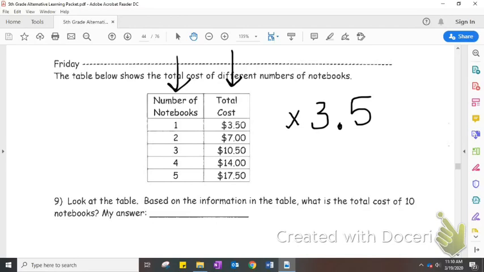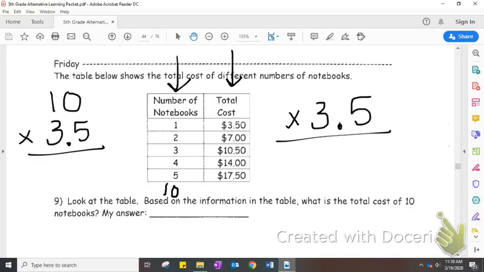Okay? So we can skip ahead to 10 now because we figured out the pattern. All I have to do is do 10 times 3 5/10. Which, by the way, some of you can hopefully do in your head. You're going to get 35, right? You're just moving the decimal point. But I'll do it just for the sake of doing it.